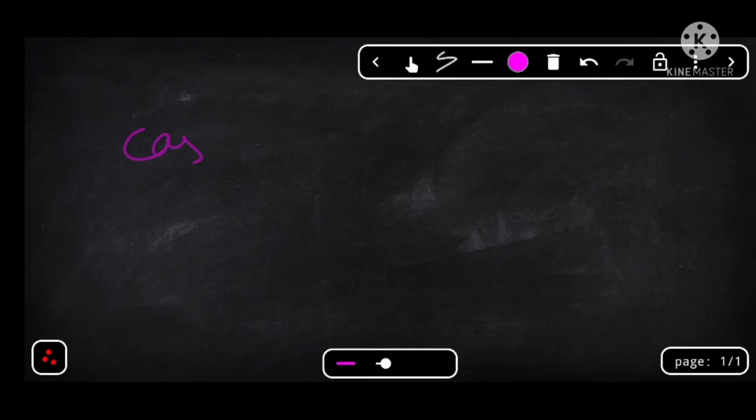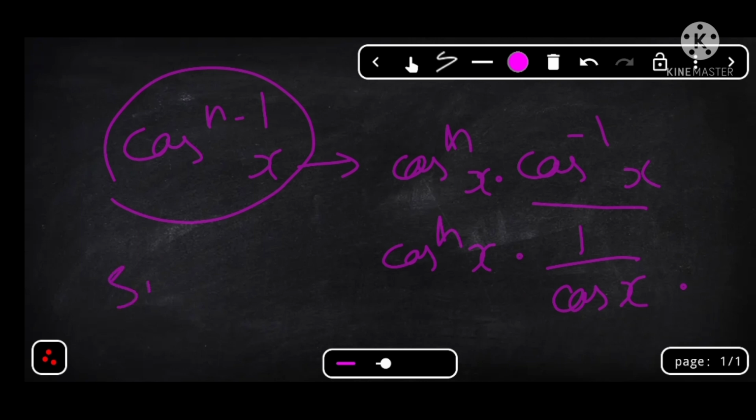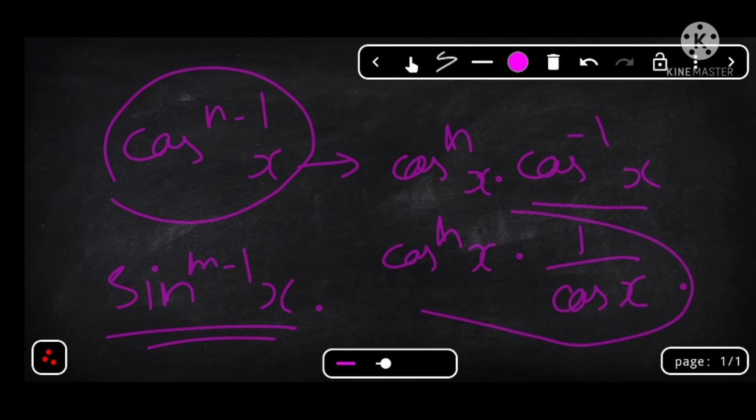Cos raised to n minus 1 x we can write as cos raised to nx into cos raised to minus 1 x, and cos raised to minus 1 x is the same as 1 by cos x. So wherever this function comes, we can just rewrite in this form.